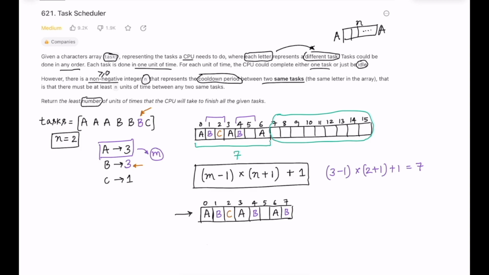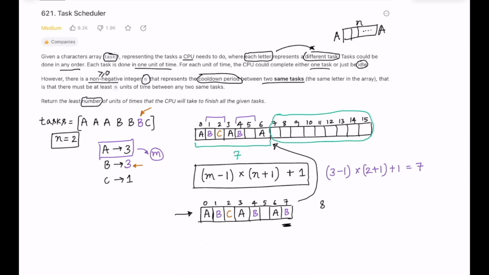As you can notice, we need at least 8 units of time. This order is pretty much same as the order before, except we added B at the end, because we could not plug in B in any other task, otherwise it would violate the cooldown period constraint.